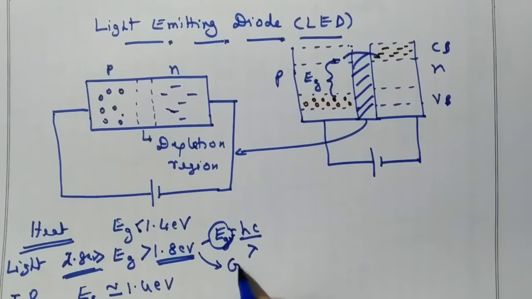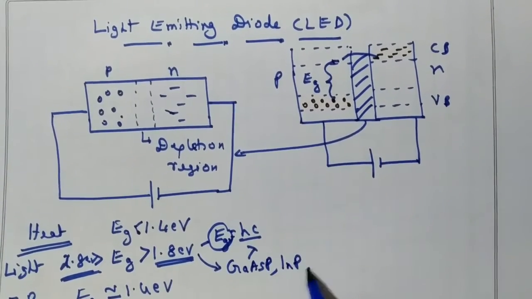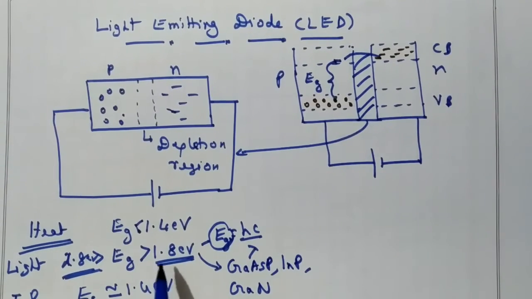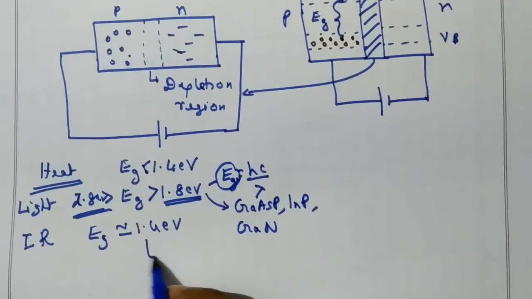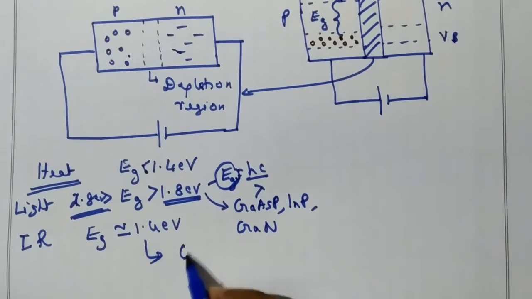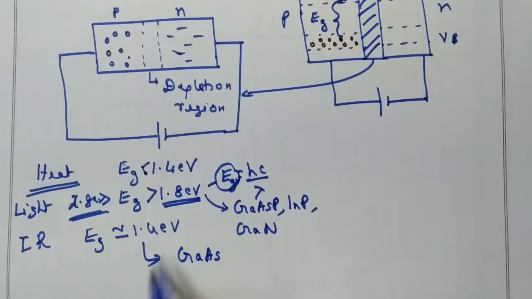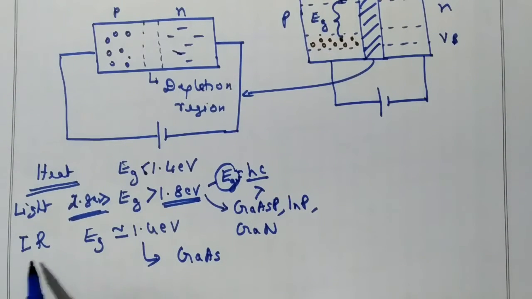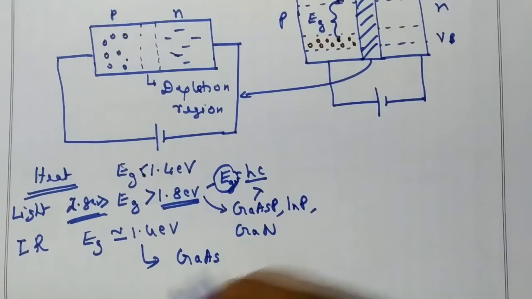Only gallium arsenide phosphide, indium phosphide, gallium nitride, etc., which have an energy gap between 1.8 electron volt and 2.8 electron volt. What about IR? If the forbidden energy gap is 1.4 electron volt, the semiconductor having that energy gap is gallium arsenide. So in an infrared LED, gallium arsenide is used as the semiconductor.